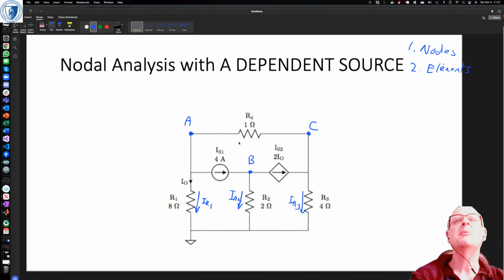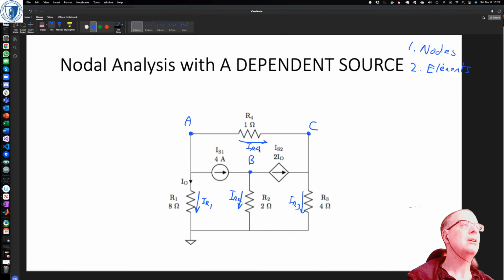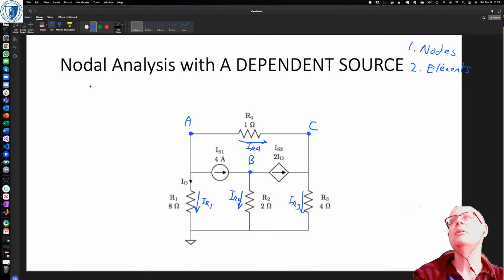And again, for simplicity's sake, I'm going to select my IR4 to go that way. So they're my element currents, and now I need to write down what they are in terms of the node voltages.